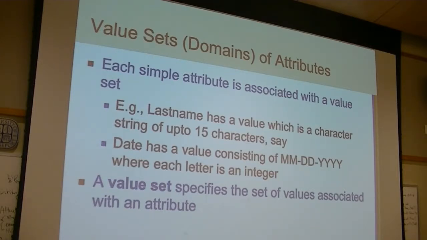Same idea for the name. How do you store a name in your computer system? For example, a Java string might have a limitation like 2K or 4K, and then you put as many characters as possible.